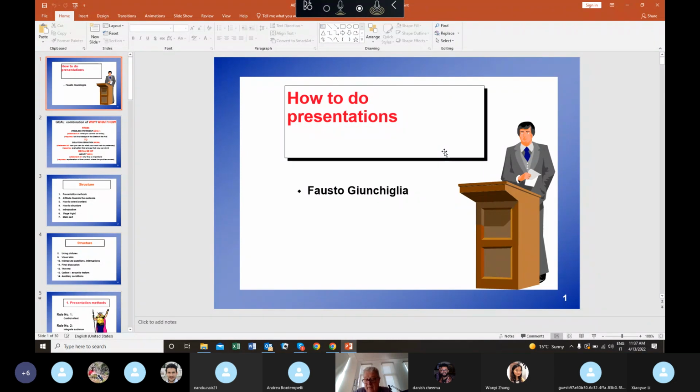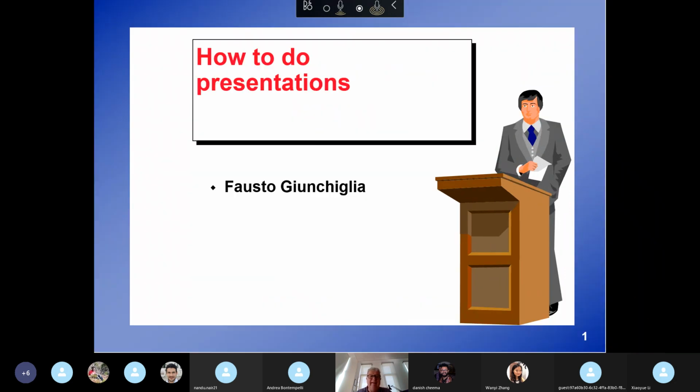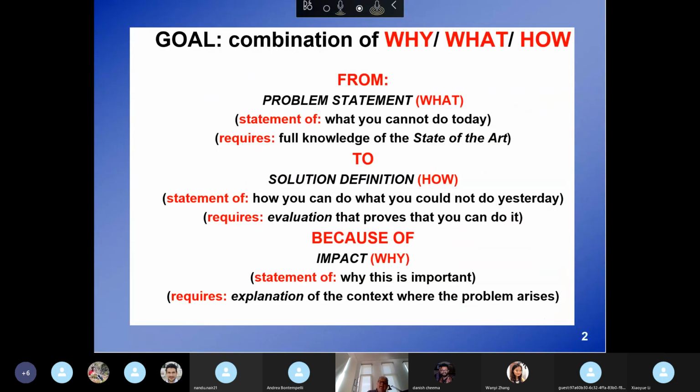I'm assuming that we all know and you're already practicing how to do papers, but just to reiterate, in a presentation the game is still the same. You still have the problem of conveying to your audience the problem, the solution, and the impact.